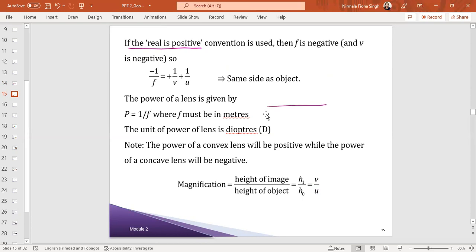Now, there is another way to write this down. If this is our lens, right, and this is our object, and that object is now going to hit the lens, and the light ray is going to diverge outwards.